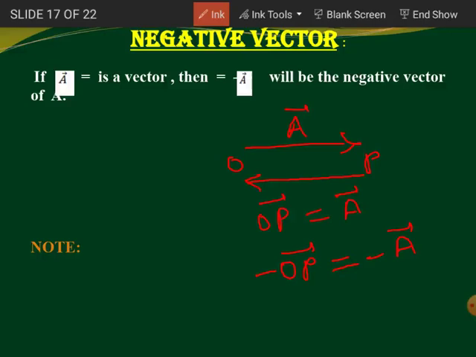So this vector PO will be represented from P to O. Previously it was from O to P. Now it will be from P to O, and this will represent the negative of the vector. So this will be represented by minus A vector. Got it? So this represents the negative of the vector.